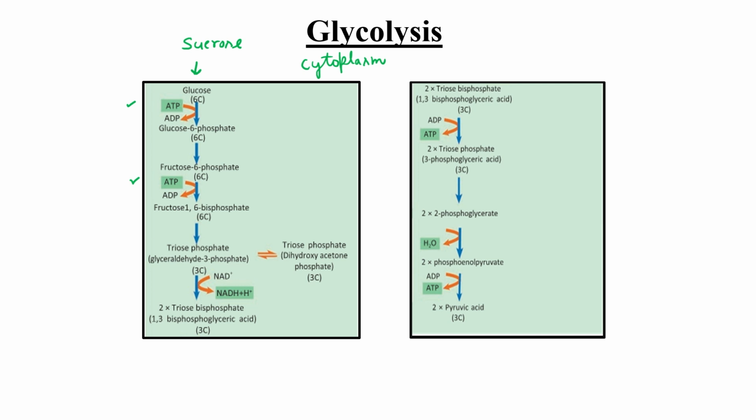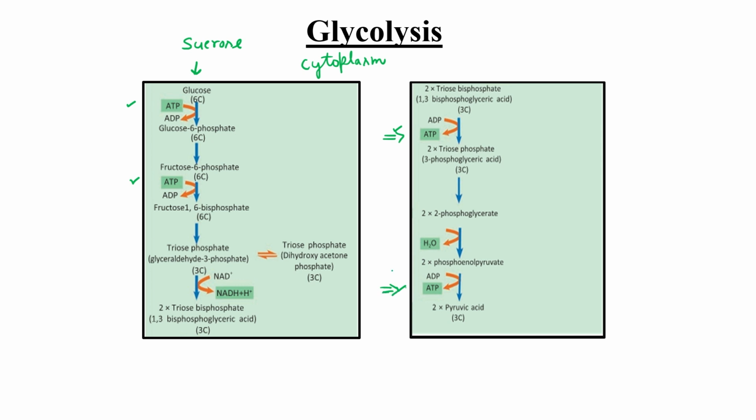For this purpose, initially glucose utilizes 2 ATP molecules, but in the last steps of this glycolysis pathway, 4 molecules of ATP are generated, as you can see over here. This one and this one.